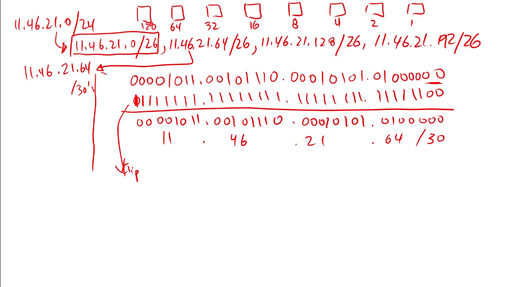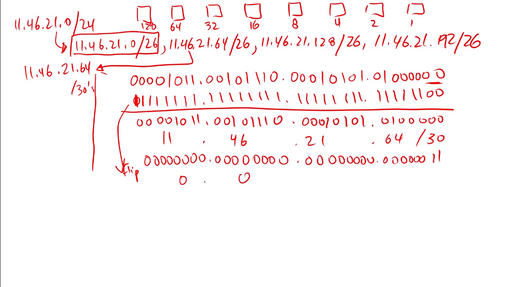So if we flip the mask over, we end up with 11 at the end, which translates into 0.0.0.2 and 1. So that's 3. So I can add this.